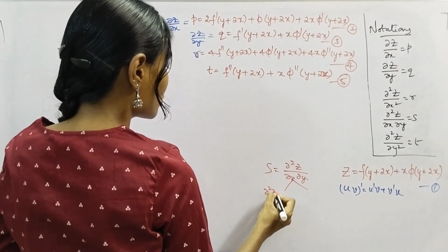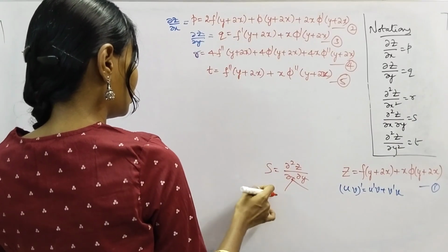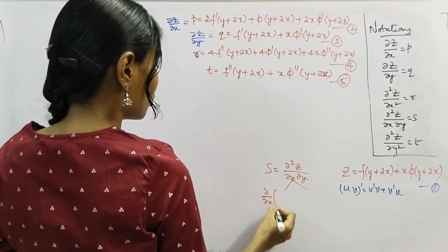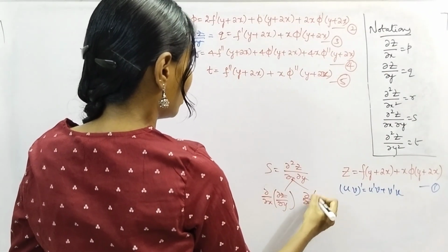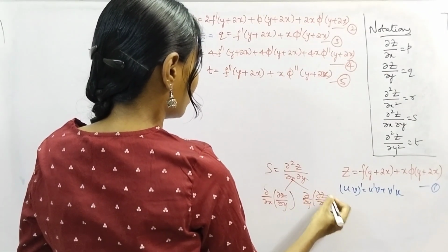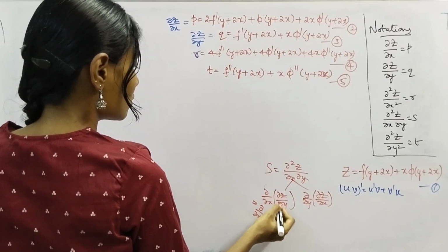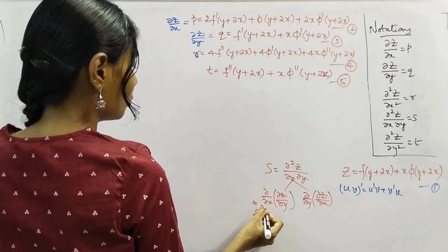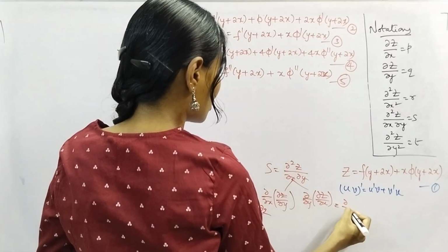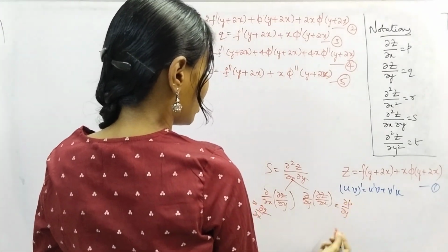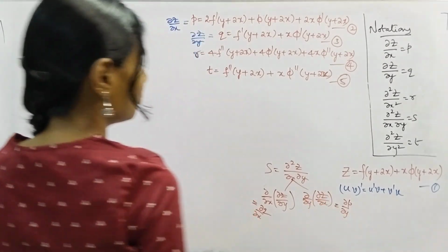We can write this as ∂/∂x of ∂z/∂y, or ∂/∂y of ∂z/∂x. Since ∂z/∂y is nothing but q, this is ∂q/∂x, and since ∂z/∂x is nothing but p, we'll get ∂p/∂y.